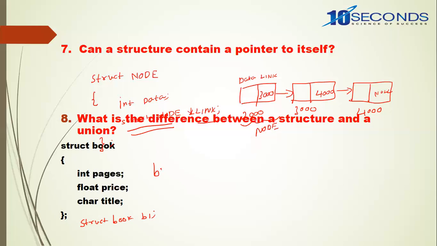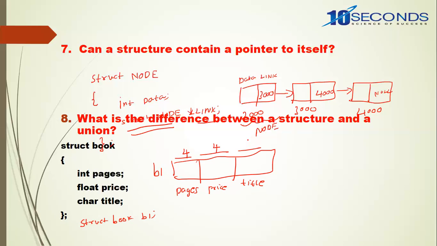For B1, memory will be allocated to hold pages, price, and title. So integer occupies, think of 4 bytes, and float occupies 4 bytes, and character occupies 1 byte. So total 9 bytes of memory will be allocated to B1.